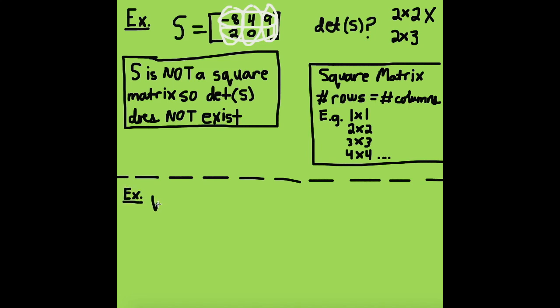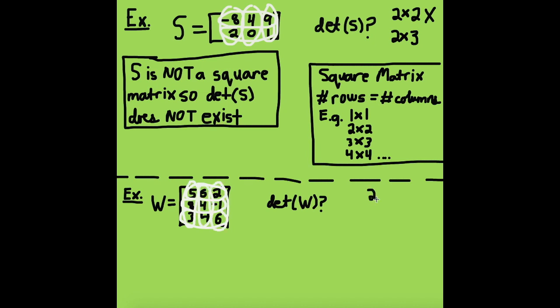Let's say we have matrix W that is equal to 5, 6, 2, 8, 4, -1, 3, 4, 6. What is the determinant of matrix W? First, let's check if this is a 2 by 2 matrix. Matrix W has 3 rows and 3 columns.